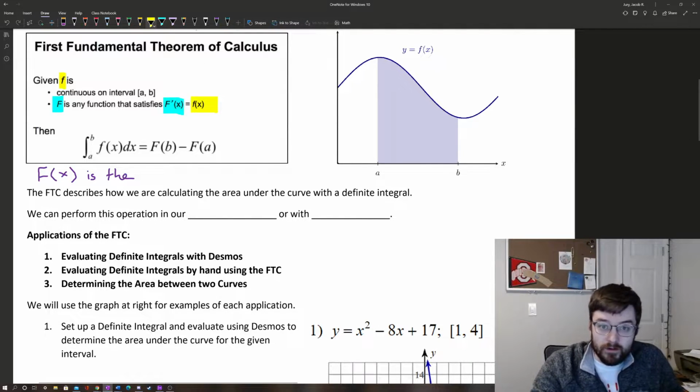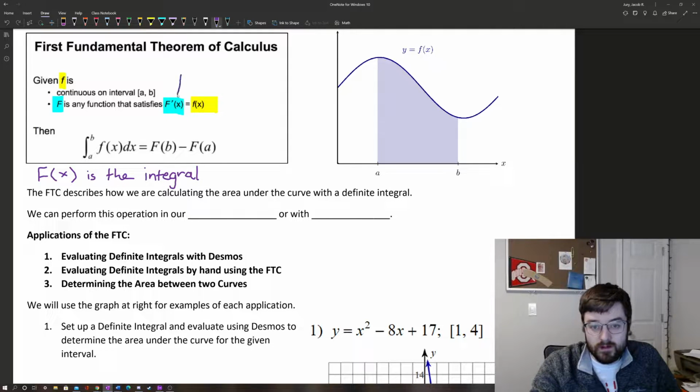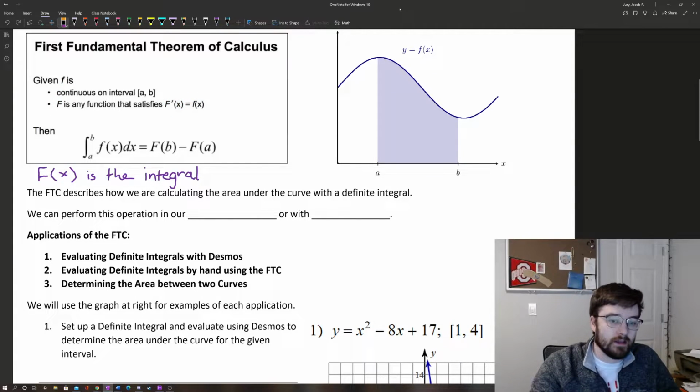Or in other words, capital F of x is the integral. So if we took the integral, I'm spelling it wrong, if we took the integral of little f of x, which is what this says, then we should end back up with the original function. So it's just giving us parameters on what the notation is saying.